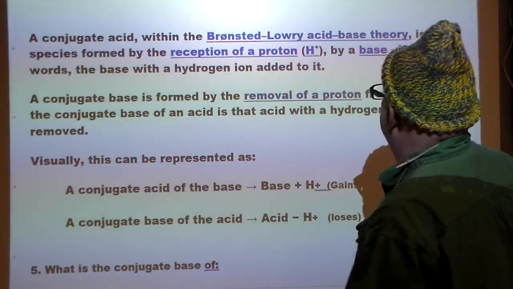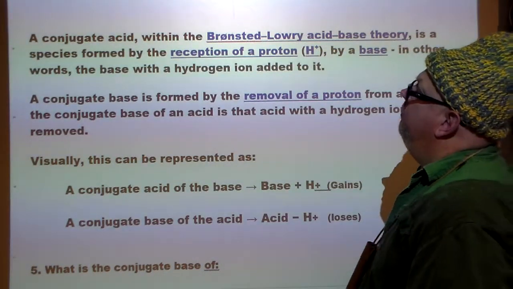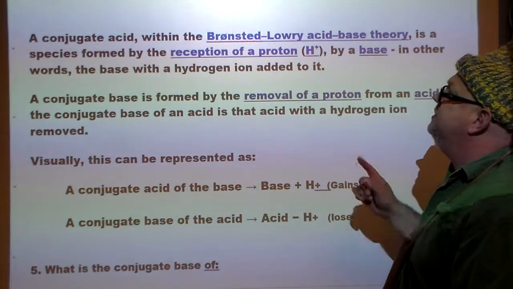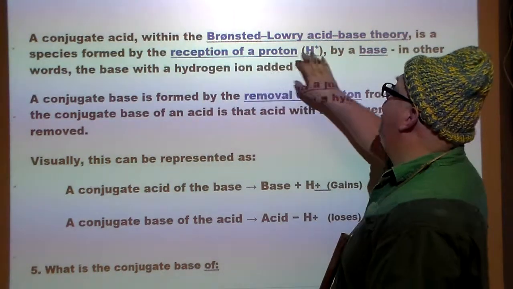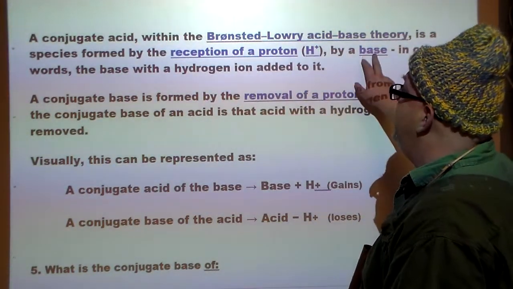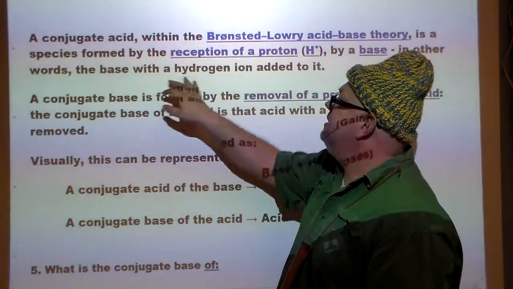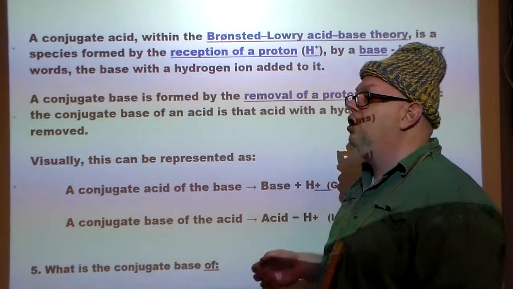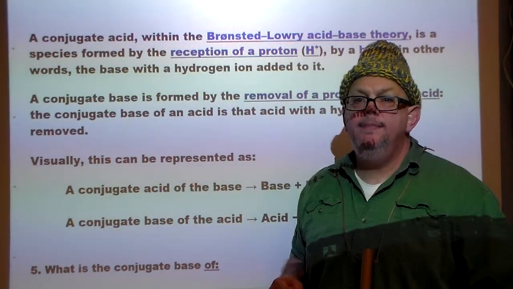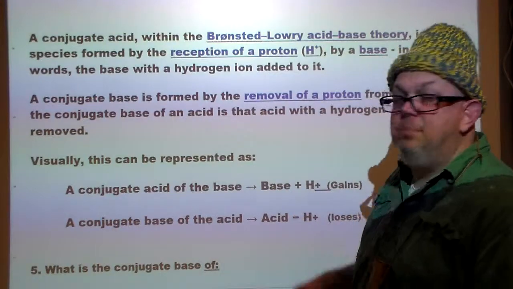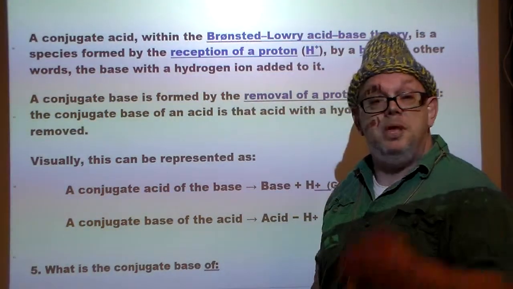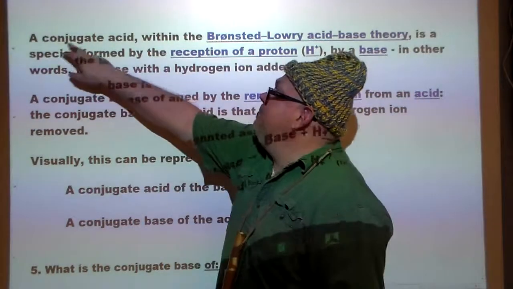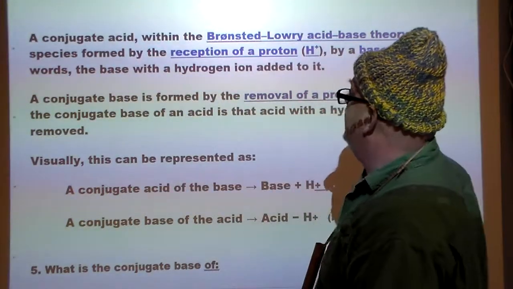So, a conjugate acid, within the Bronsted-Lowry acid-base theory, is a species formed by the reception of a proton by a base. In other words, the base has a hydrogen ion added to it. If we look at NH3, we know that as a base, but if it picks up a hydrogen ion to become NH4+, ammonium with a +1 charge, that would be considered a conjugate acid.